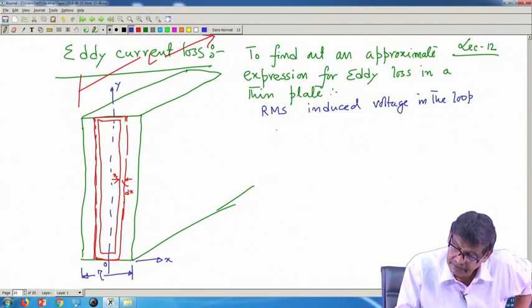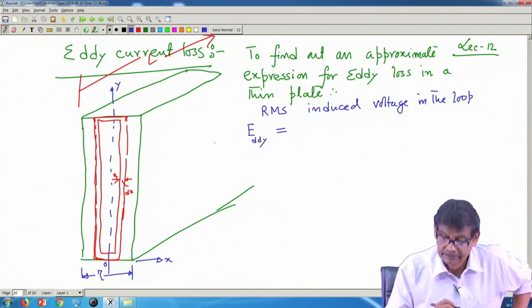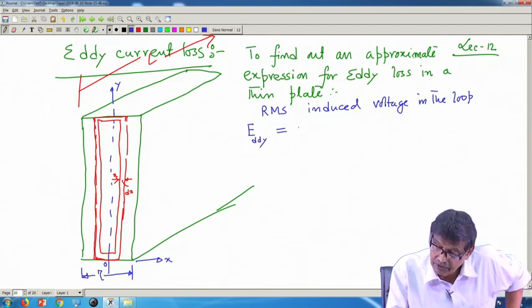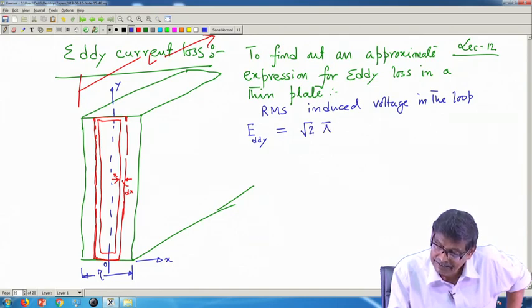That is E eddy equal to root 2 pi f into phi max.